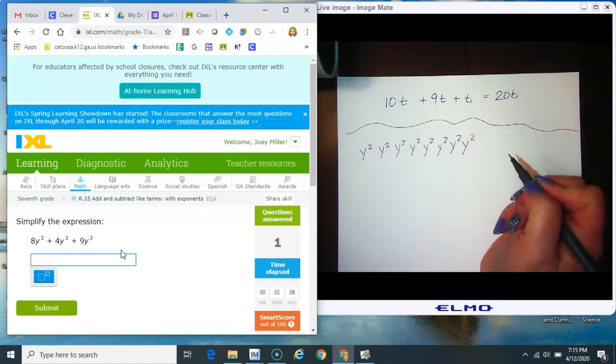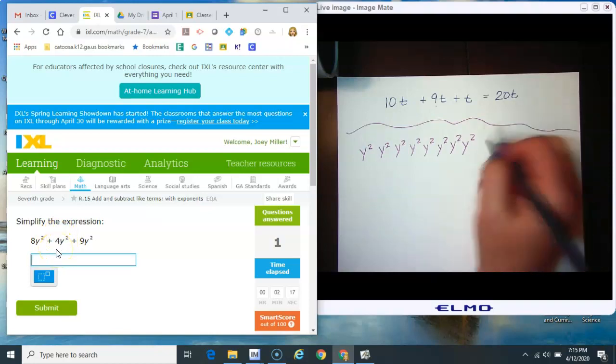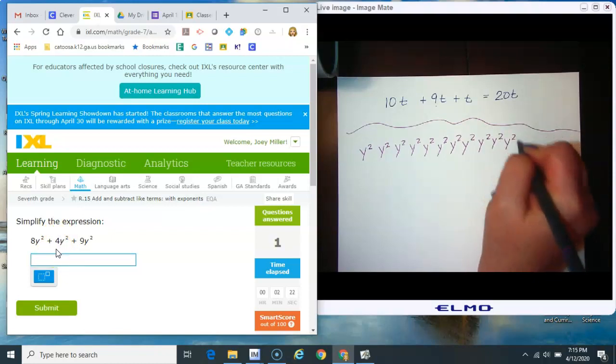You have 8y squared. To that, you're going to add 4 more. This coefficient tells you how many of these y squares you have. So you have 4 more: 1, 2, 3, 4.